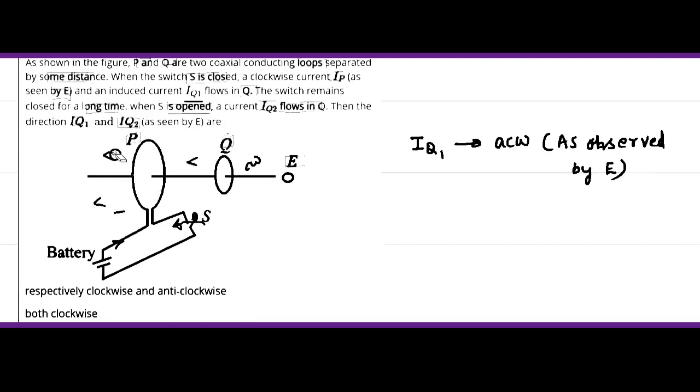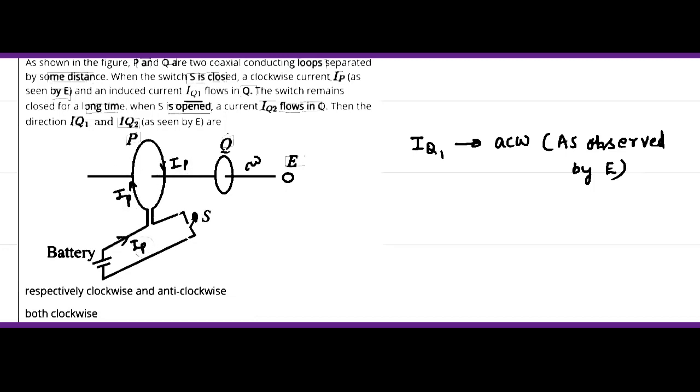Now there is the second case. Initially the current is set up in coil P, and this current is IP.